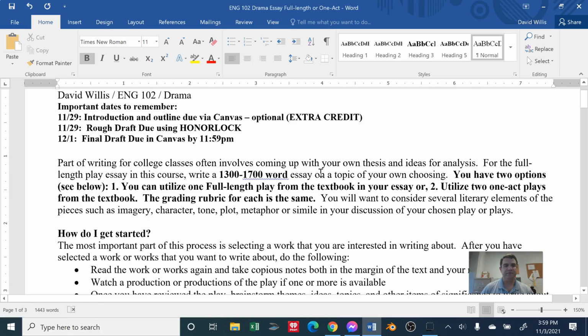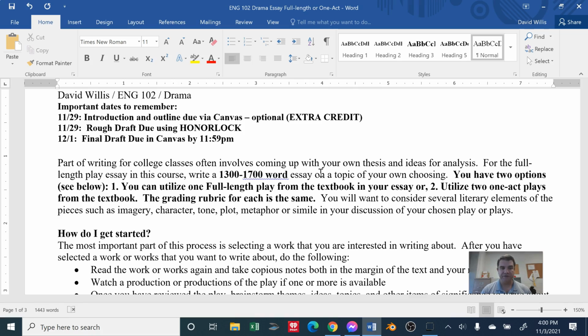Okay, so what we are looking at for the assignment. And, as I'm going over this, it's not a bad idea if you can to print out this assignment sheet and take notes as I'm going over it in the video. Part of writing for college classes often involves coming up with your own thesis and ideas for analysis. For the full-length play essay in this course, or the two one-act play essays, write a 1,300 to 1,700 word essay on a topic of your own choosing.